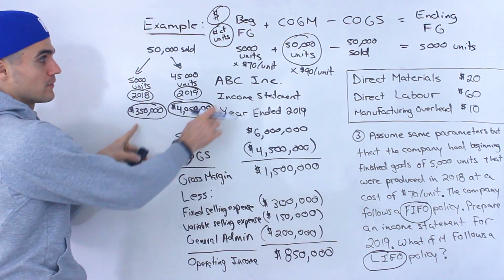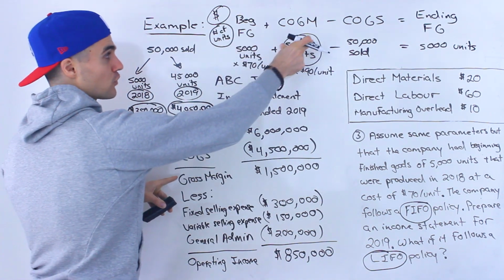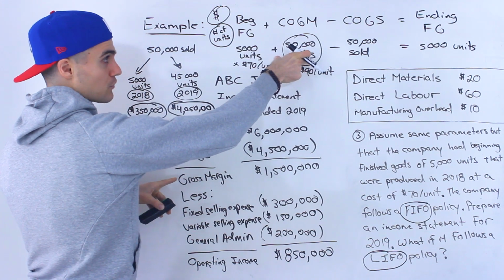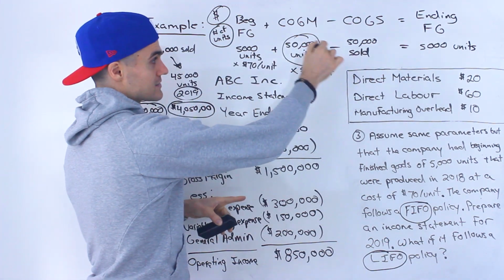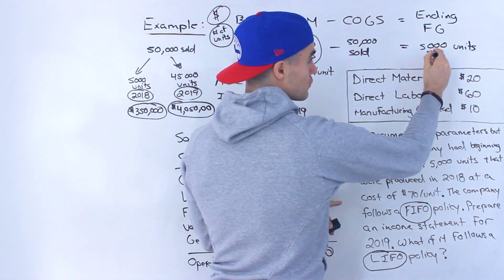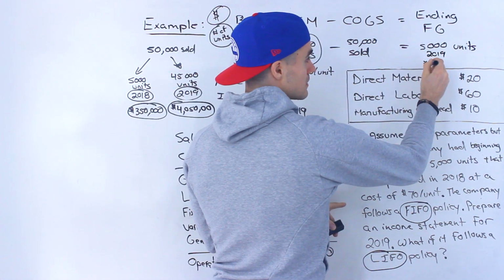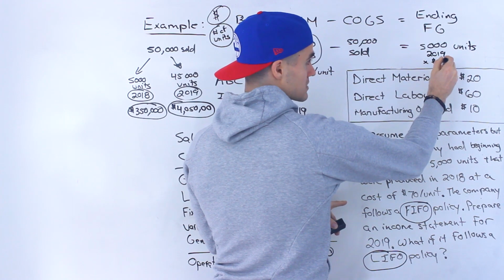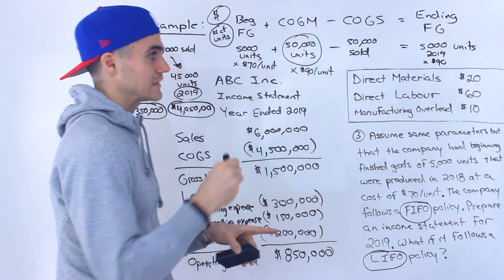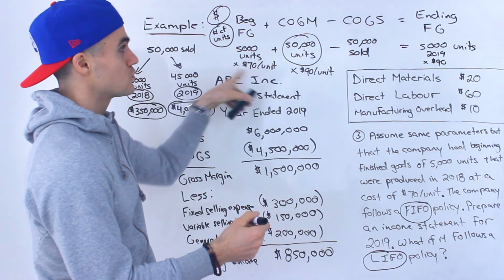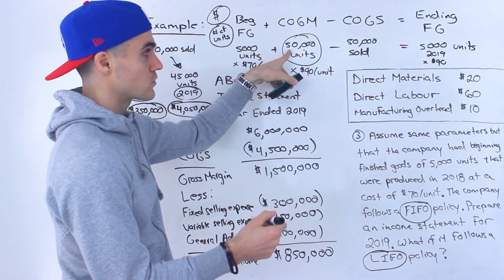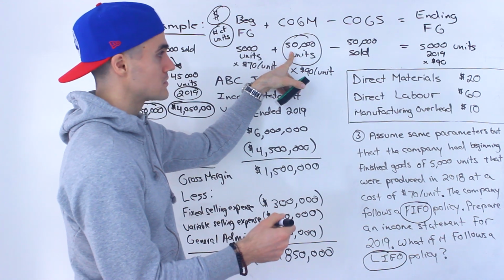This is the FIFO. These have to come out first, and then 45,000 of these have to come out. And so the ending finished goods is actually, the 5,000 units is going to be comprised of those 2019 units, which have a product cost of $90 per unit. With the LIFO policy, this ending finished goods was actually still these 2018 units, because these were the units that came out under the LIFO policy.